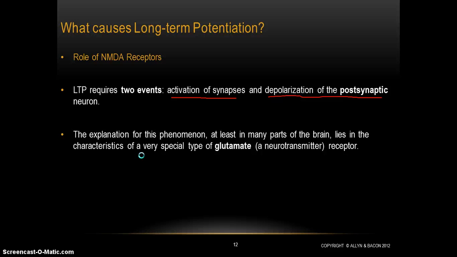Now the reason that these two things are important has to do with one of two types of receptors that we're going to be talking about here. As I mentioned before, there are really two types of receptors that are important for long-term memory. One of those is something called an NMDA receptor.